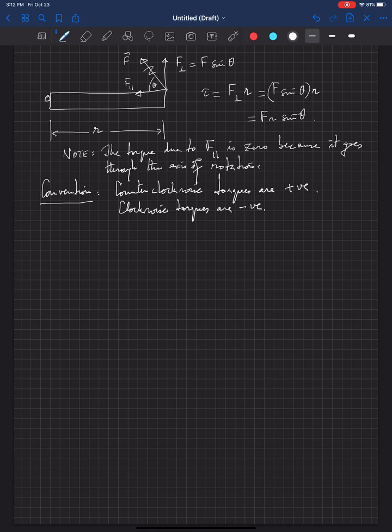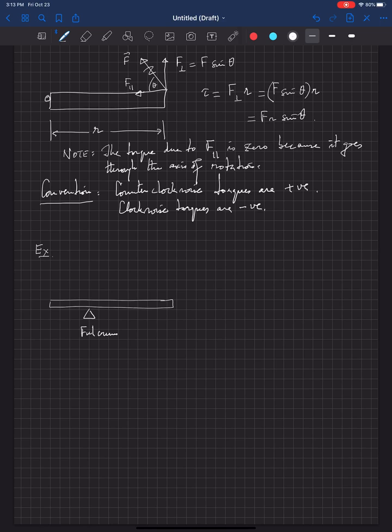All right, let's do an example. So here's an example, and I'm going to consider this the example that you're going to do in the first part of the lab. Okay, so the example is the following. You have a bar, and here's a fulcrum. Okay, this is the fulcrum, or the axis.